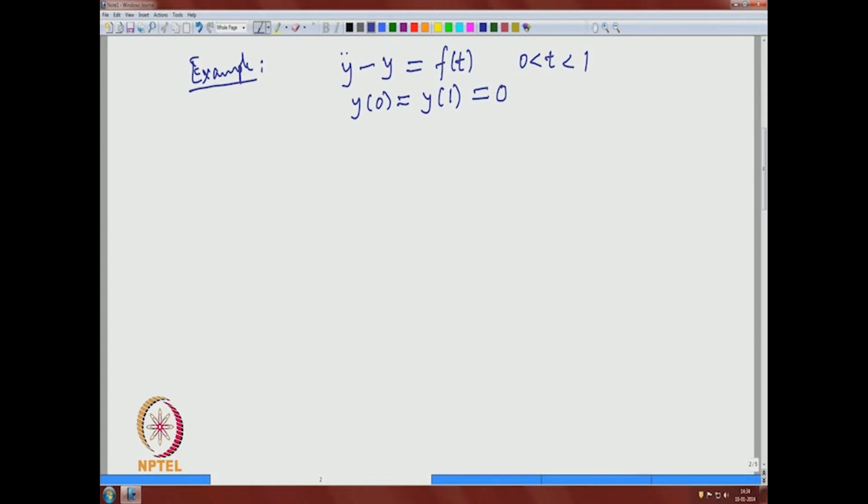So, this is a second order equation with constant coefficients. If you study the homogeneous equation, e to the t and e to the minus t are linearly independent solutions of the homogeneous equation.